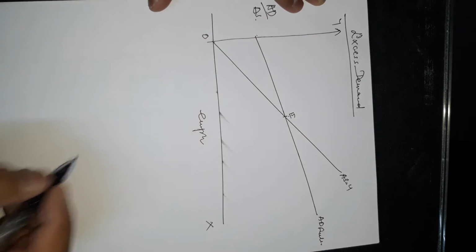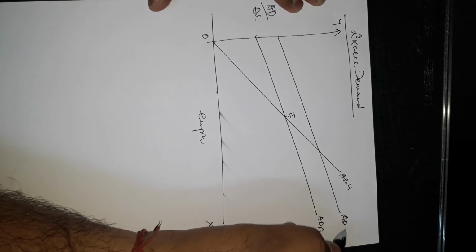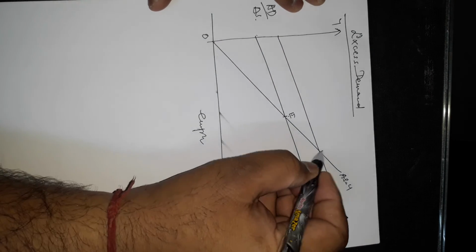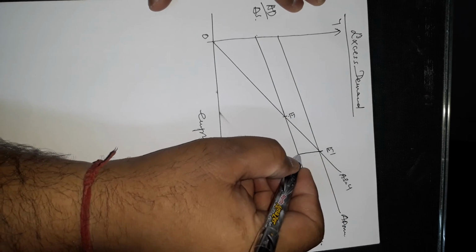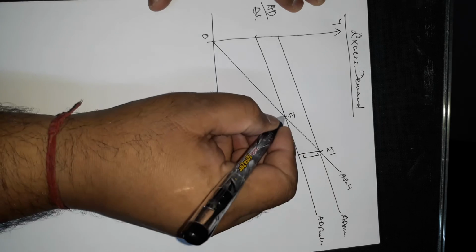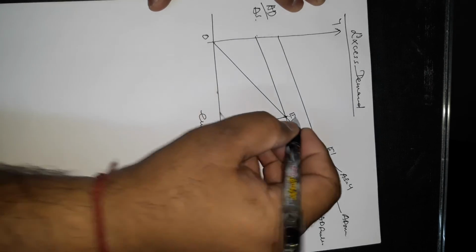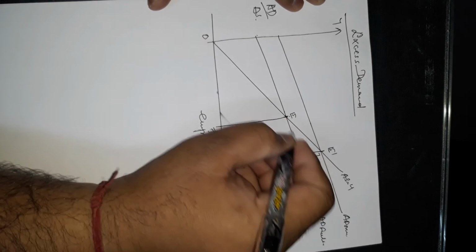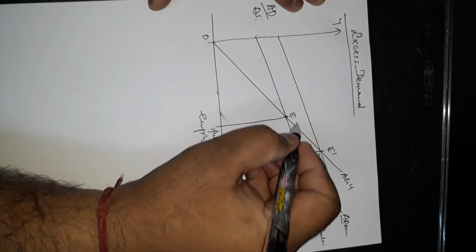And after the full employment, if there is an increase over full employment, E1, there is one gap after the full employment. So this is the situation of the full employment.